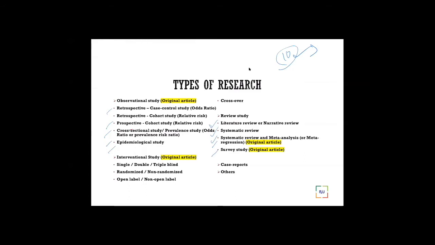Okay, now second, systematic review. What is a systematic review? As the name suggests, it is systematic. It follows a standard protocol, either the PRISMA protocol or the MOOSE protocol or any protocol. Because it is systematic, it will reduce bias.